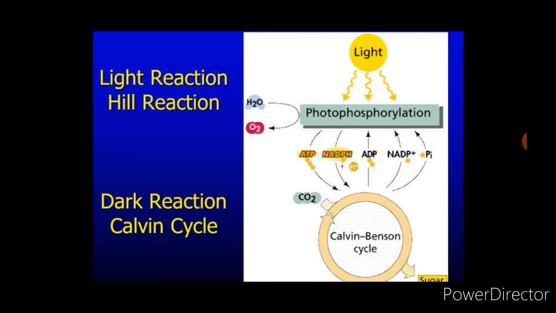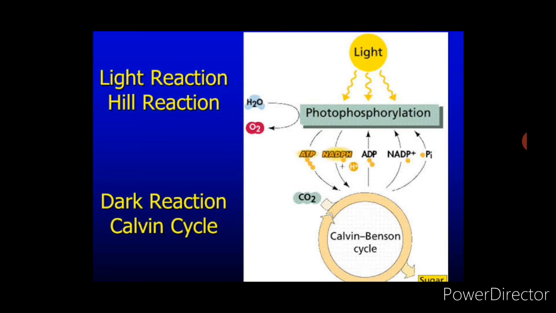In this process, the products obtained are ATP, NADPH, ADP and NADP. Now we'll see what these are one by one. Look into the picture, children. You can see ATP, NADPH, ADP and NADP.